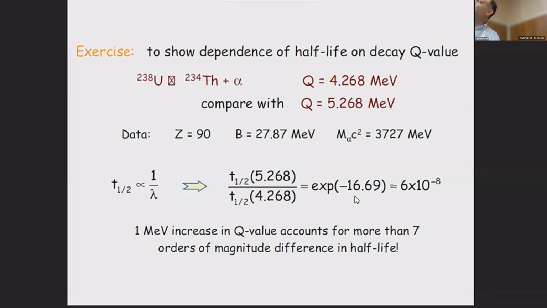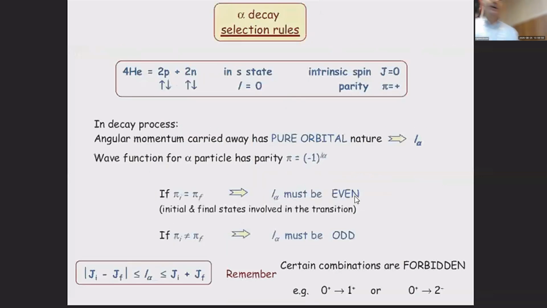I mean, this is an example for you, like uranium, thorium plus alpha. Please have a look at it. Now, another concept you should know is spin and parity, of course. Because there are forbidden states. I mean, sometimes it doesn't always decay because it is forbidden.